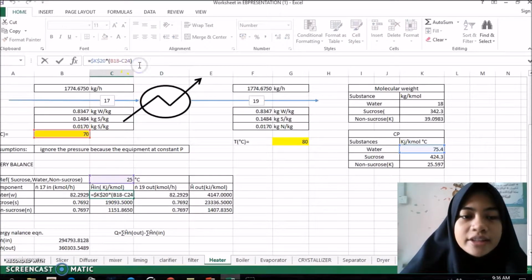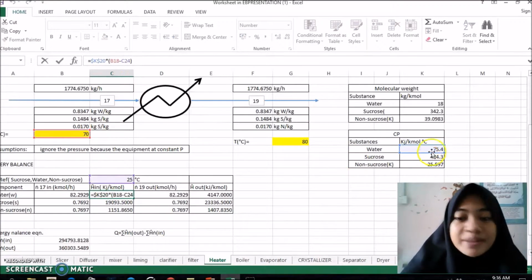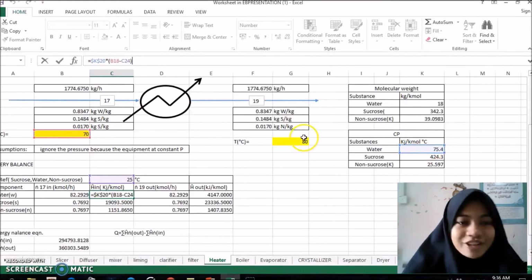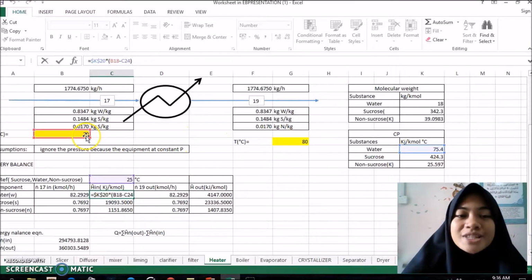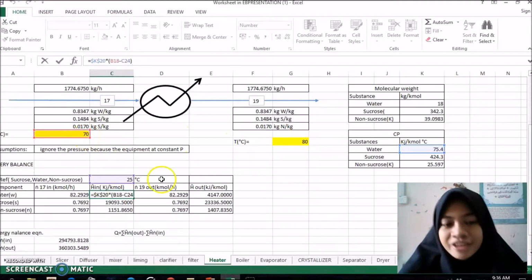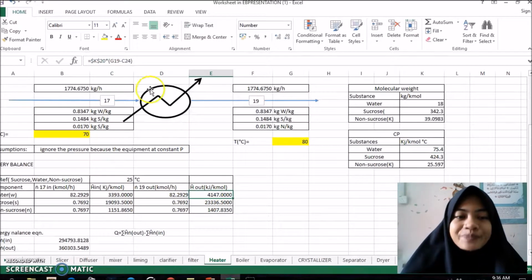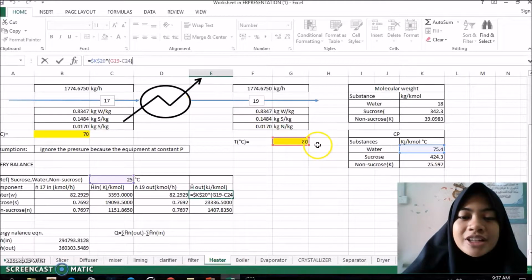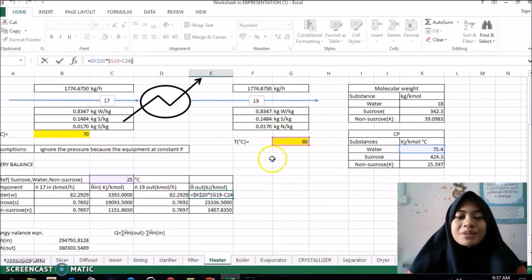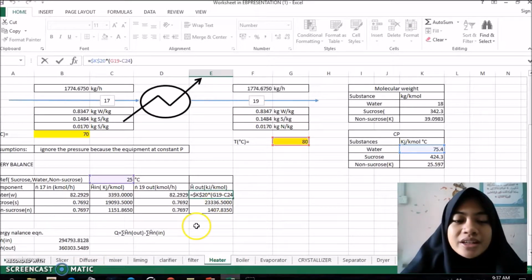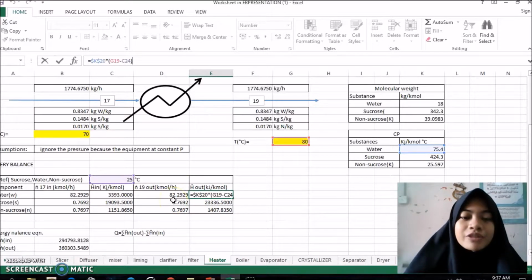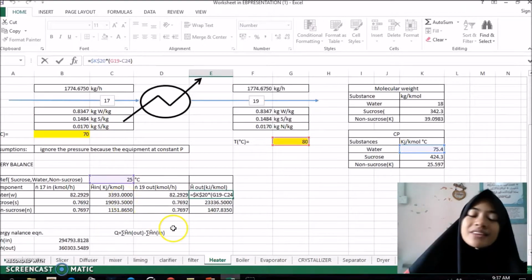As you can see, we pick the Cp value of 75.4 kilojoule per kilomole degree Celsius. We multiply it by the inlet temperature minus the reference temperature. The same goes for the outlet calculation: Cp times the outlet temperature minus the reference temperature. We then multiply the value by the number of moles, so we get kilojoule per hour, and we subtract the inlet using the same steps.